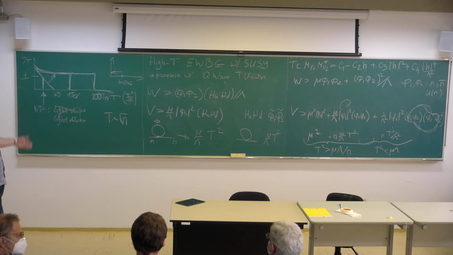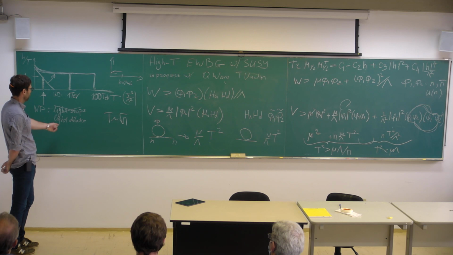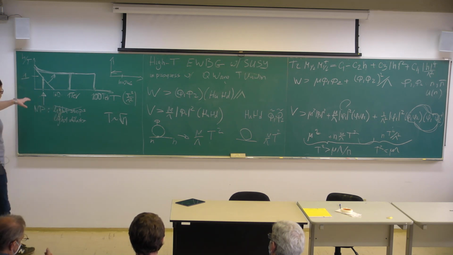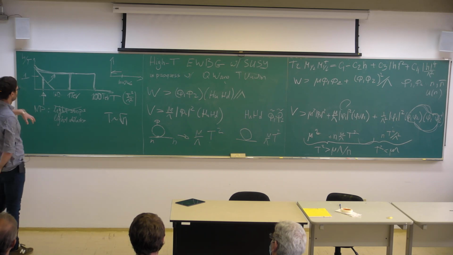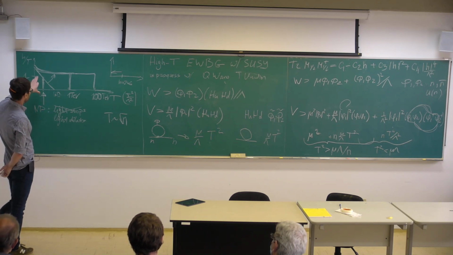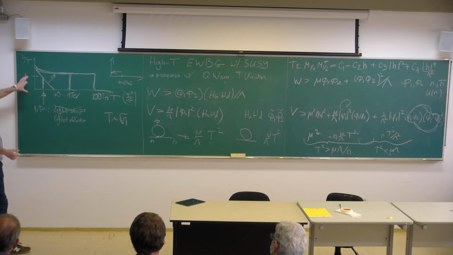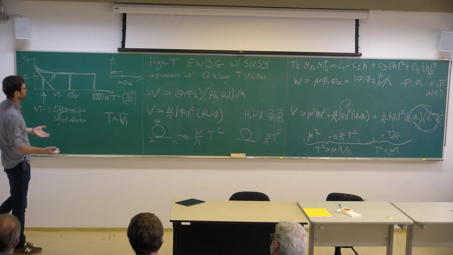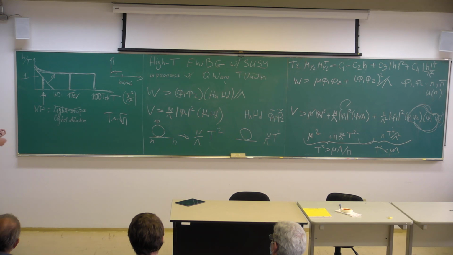Well, let me just give you an example. Composite Higgs. It has all the high dimensional operators you want. What happens in the minimal models is that there is a confinement phase transition of this new strong dynamics, which gives you the Higgs compositeness.